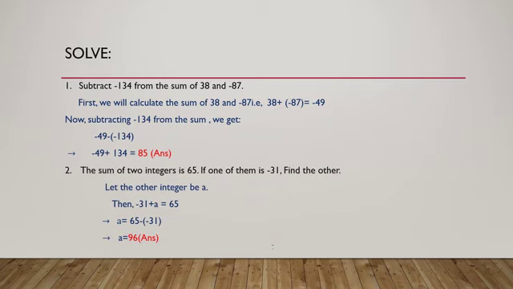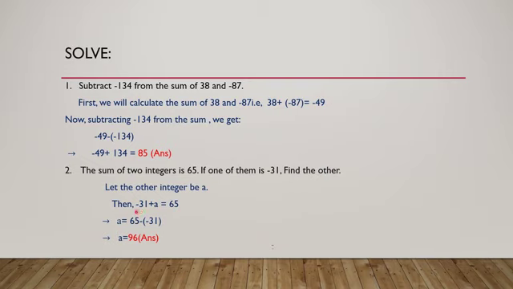Let's see the second question. The sum of two integers is 65. If one of them is minus 31, find the other. The sum of any two integers we know is an integer as per our closure property. Let the other integer be a. So minus 31 plus a should be 65.